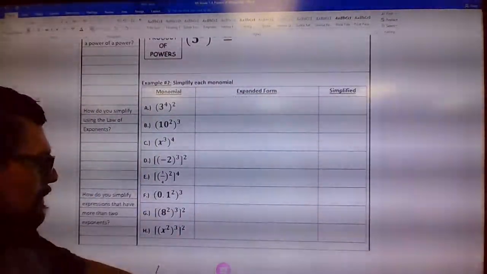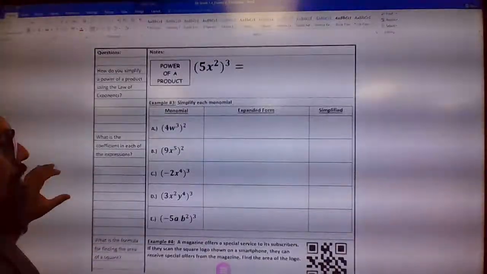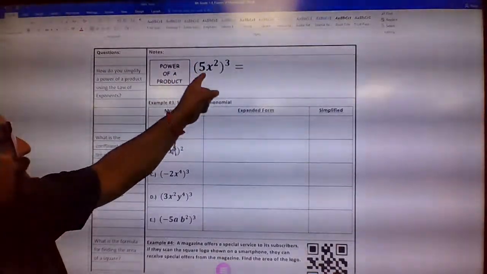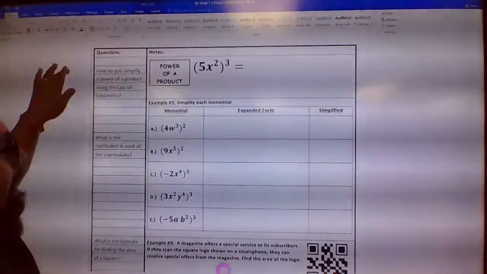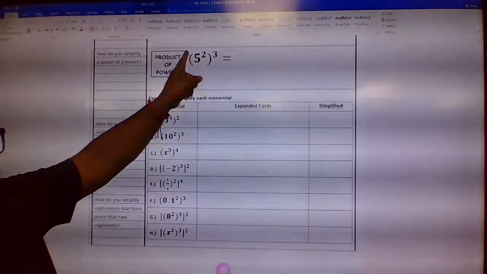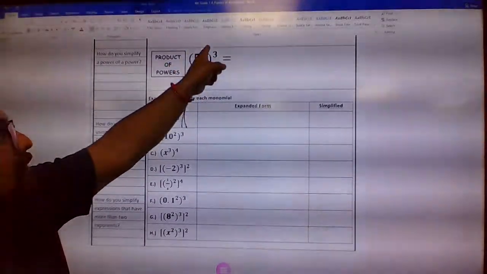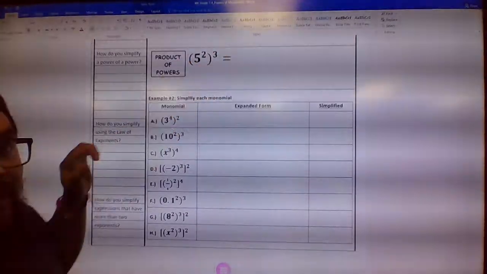Now let's go on to the back. The difference with this one and this one is, do you notice how this one is just one base and then an exponent to another power?